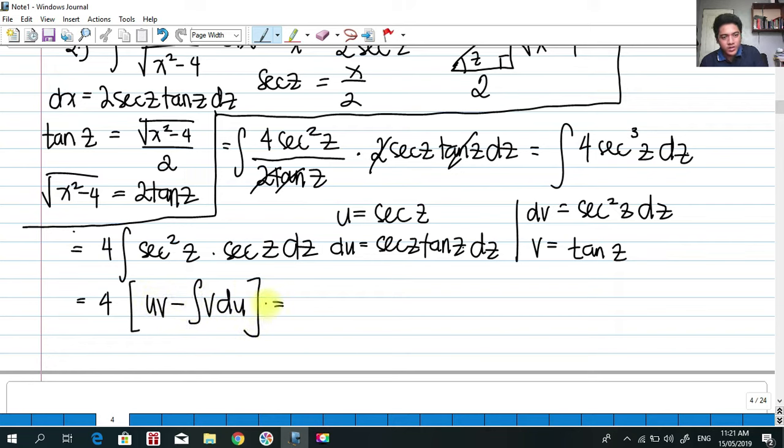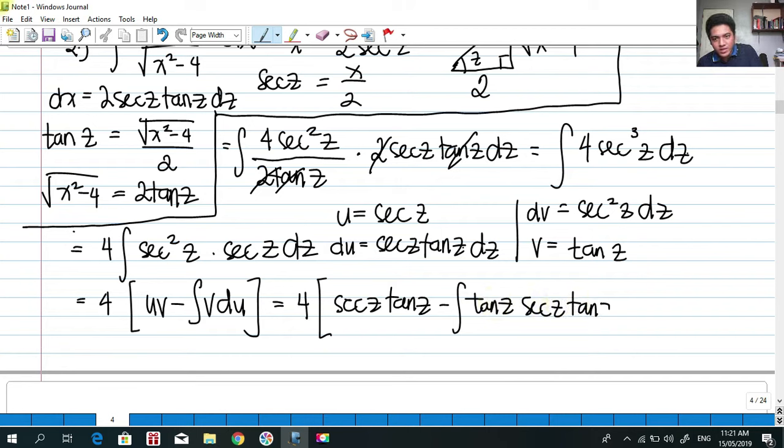That is our formula for integration by parts. We have 4 times u times v. u is secant z times v, secant z tangent z, agree? Minus the integral of v, which is tangent z, then du, which is secant z times tangent z dz.